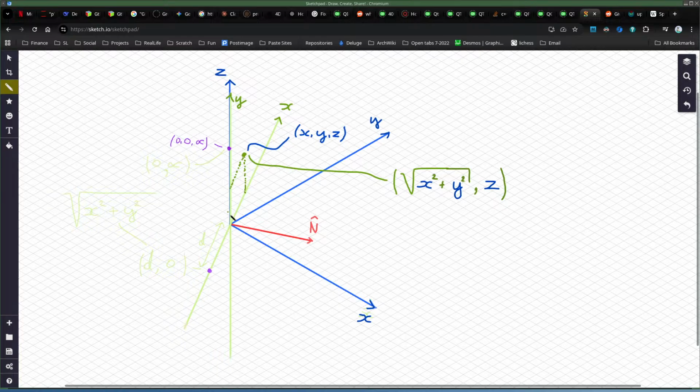So if this distance is the same as that distance, then you want to get the same value here. So this coordinate here must be the length in the 3D space that we have here, which is, well, the square root of x squared plus y squared.